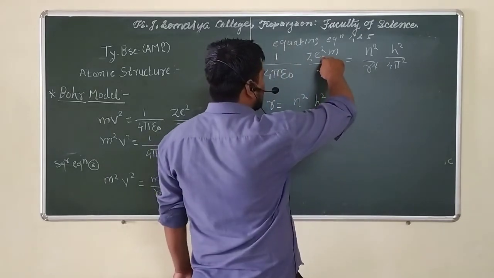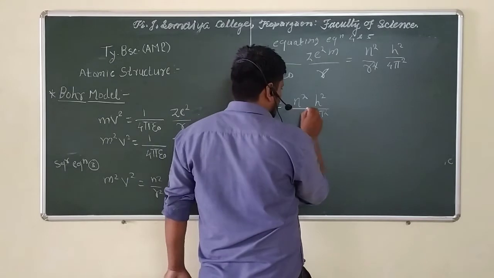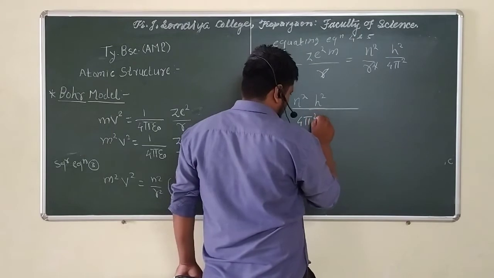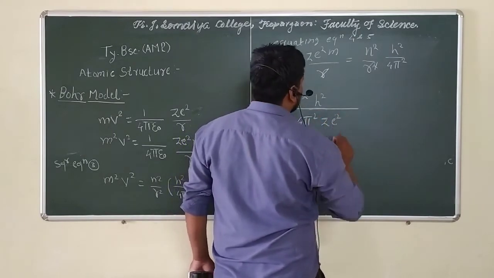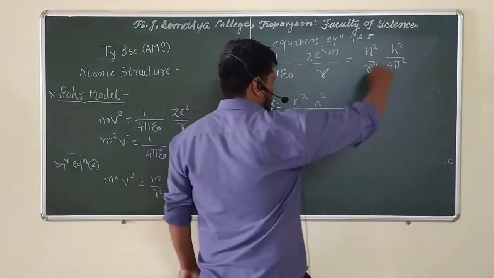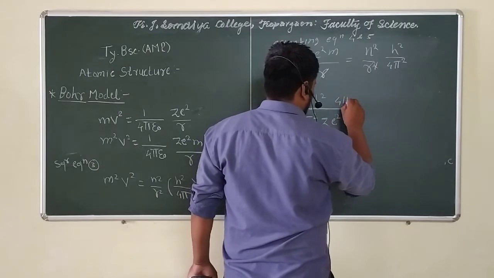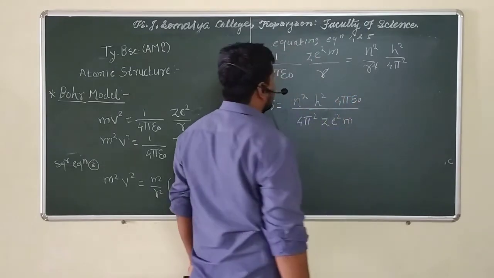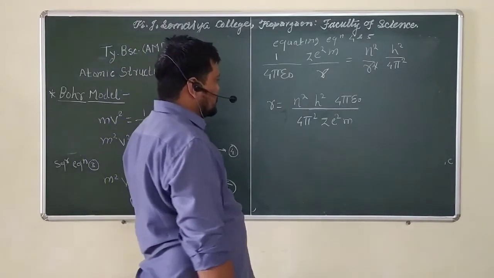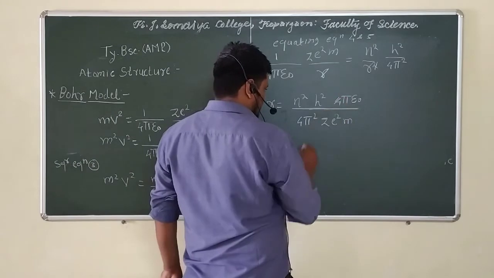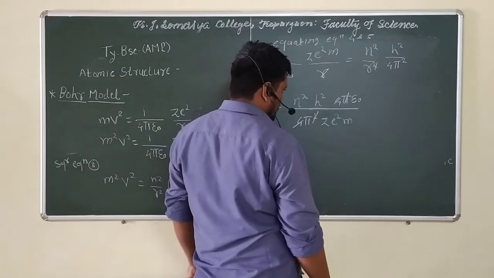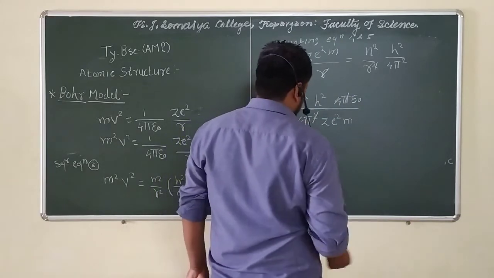This z e square m goes to the denominator: 4 pi square z e square m. This 4 pi epsilon naught goes to the numerator, where epsilon naught is the permittivity of free space. So this 4 gets cancelled, this pi gets cancelled, and the remaining factor stays as it is.